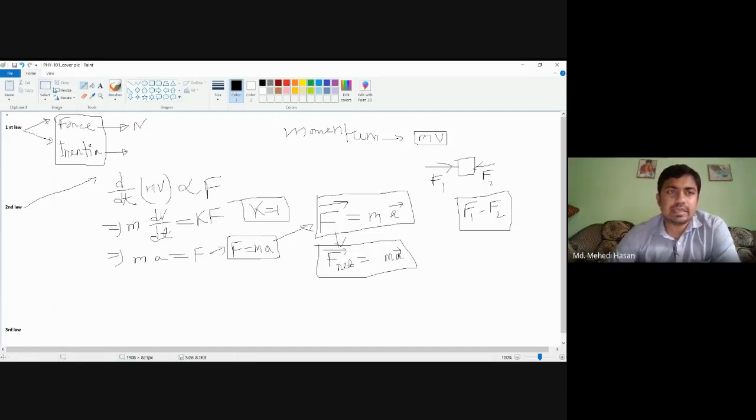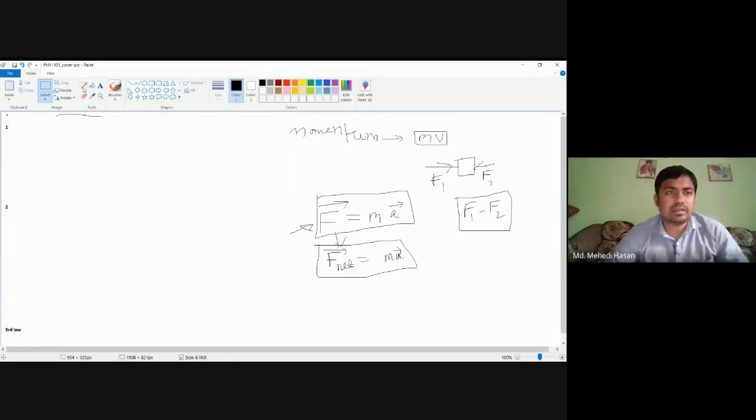Another thing is, you can write this equation like that.